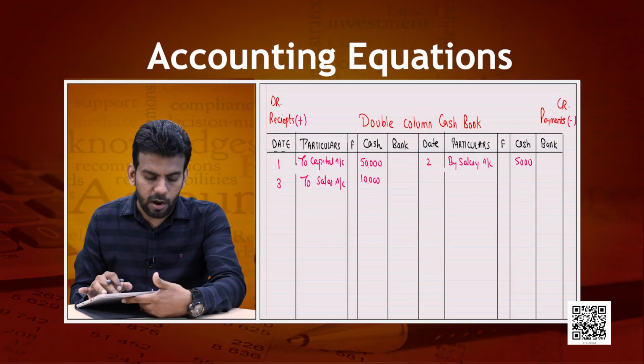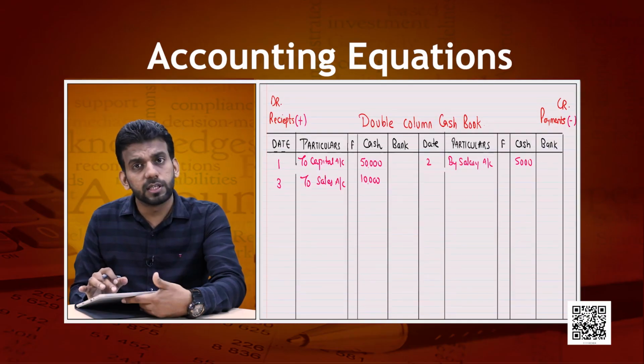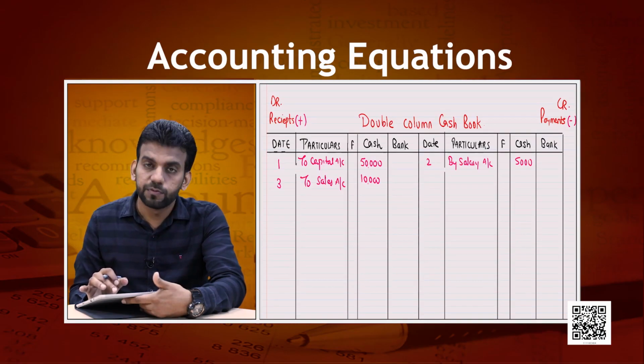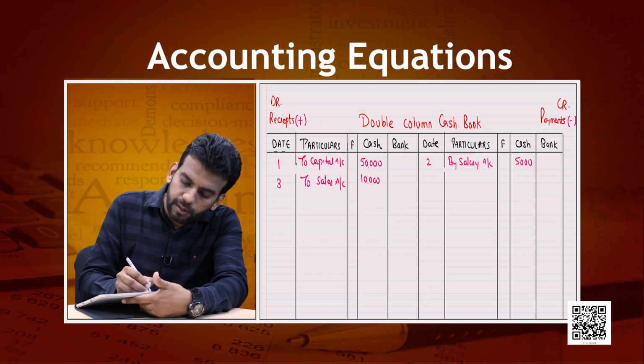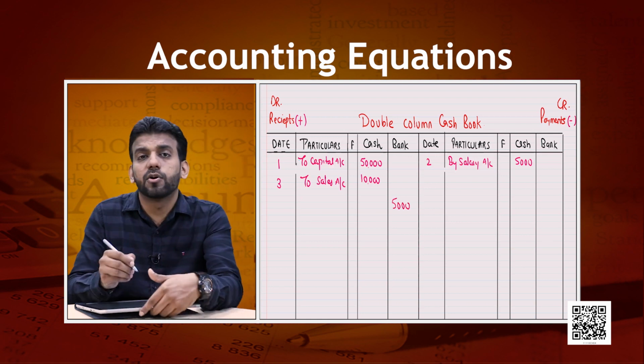Clear? Now, here comes the trickiest part of cash book. The fourth transaction says deposited cash, 5,000, into bank. Now, here I need your attention. When I deposit money into bank, that means cash is getting reduced and bank is going up. So, it is such a transaction where cash and bank both are affected.